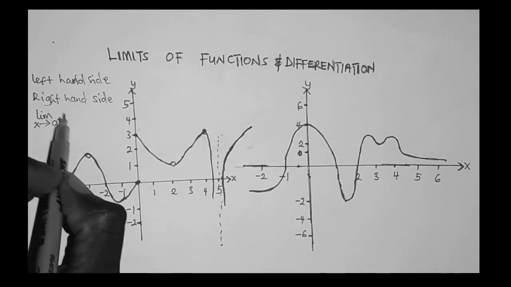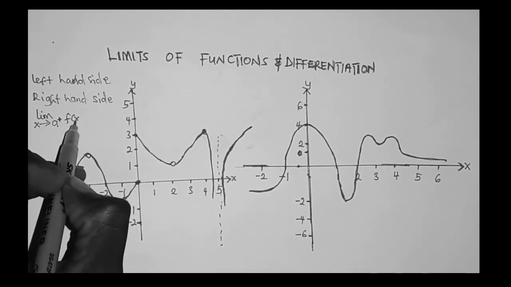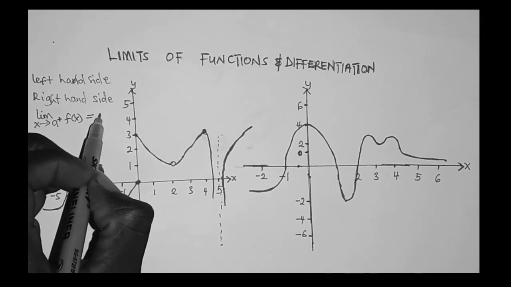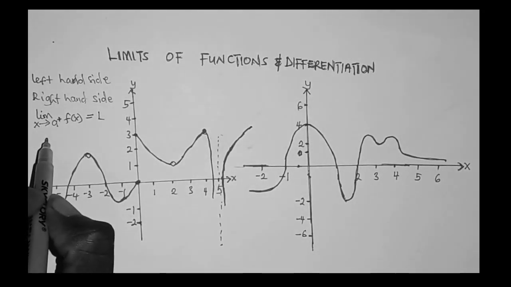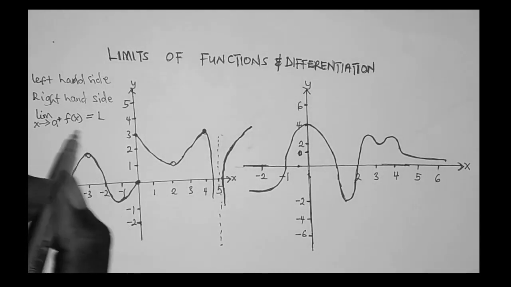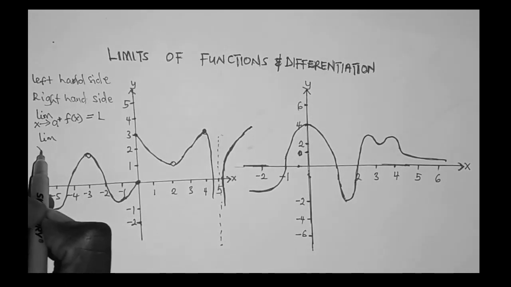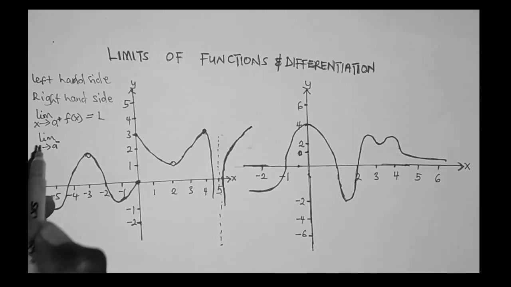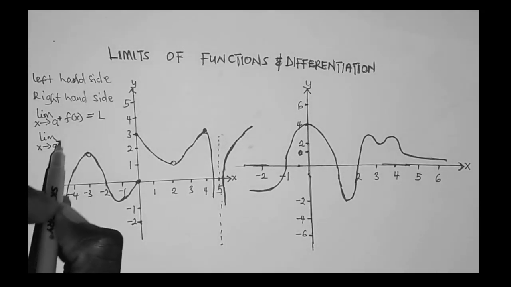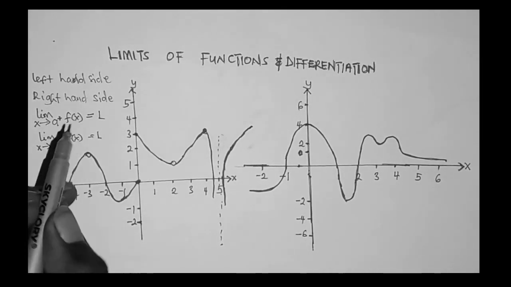It means this is the right hand limit as f of x approaches L. It is coming from the right hand side. Then the left hand side is the limit as x approaches a from the left, normally denoted with a minus on top of the specific limit as f of x approaches L.